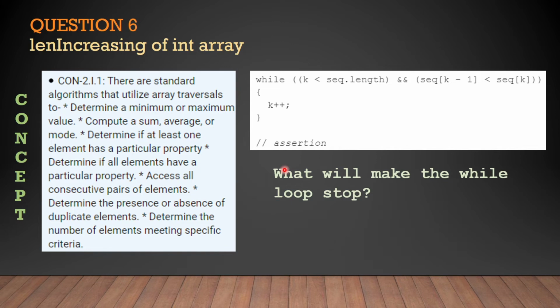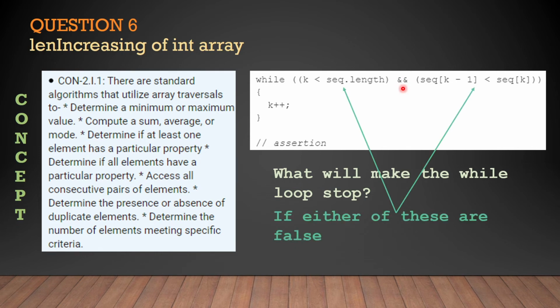So the key is here, we're saying something's going to be true, or something's going to be true here. What is going to cause this loop to stop? And that's the key here, right? So basically, why would this loop stop? Right? And what's k going to be at that point? K is going to keep adding as long as this loop goes until it stops. So what's going to make it stop? Well, we've got an and in the middle, so if either one of these statements is false, the loop is going to stop.